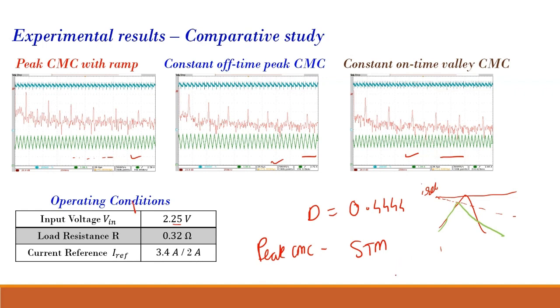Sir, actually there are two compensations, right? Either the positive slope can be added. There are two positions in the implementation architecture where you can add the compensation. You can either add it to the inductor current or subtract it from your reference current.